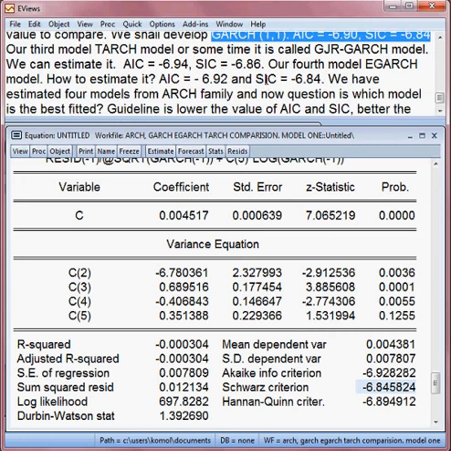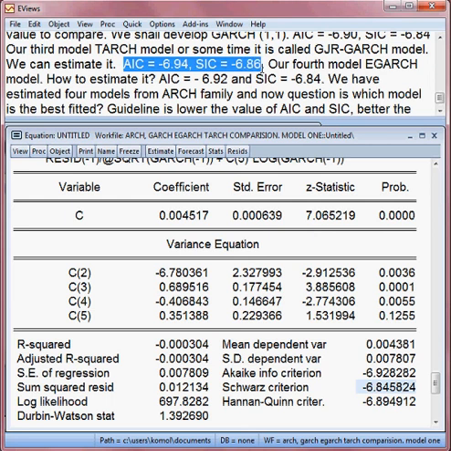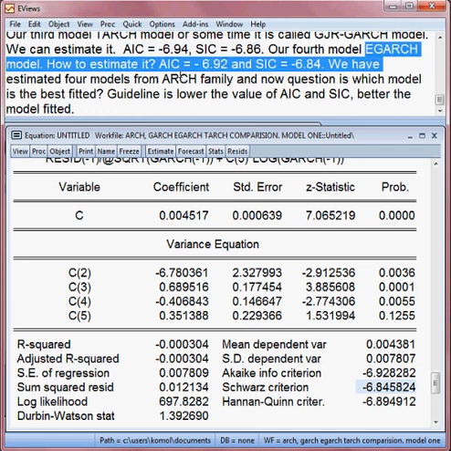And the third model we developed was the TARCH model, and their AIC was minus 6.94 and SIC minus 6.86. Then we have developed the last model, the EGARCH model, where AIC is minus 6.92 and SIC is minus 6.84.